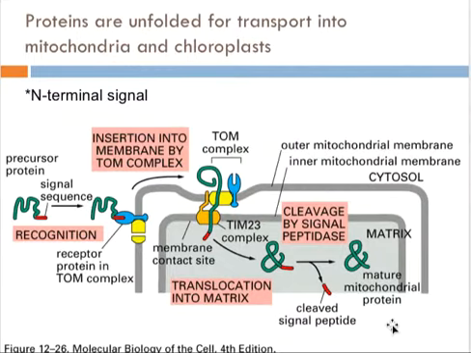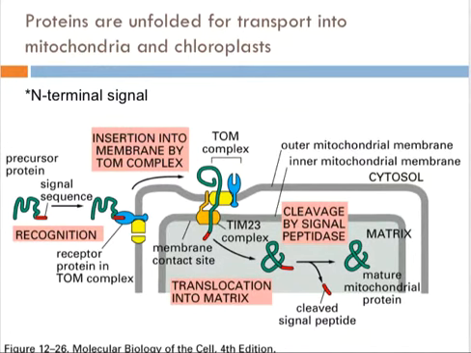There are several chaperones that are not shown here for simplification, but there are chaperones that actually help keep the protein unfolded while it's snaking through the two complexes. Chaperones that help force it in this direction instead of moving backwards.